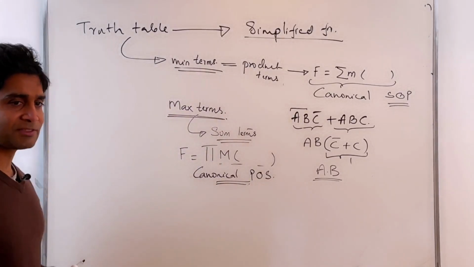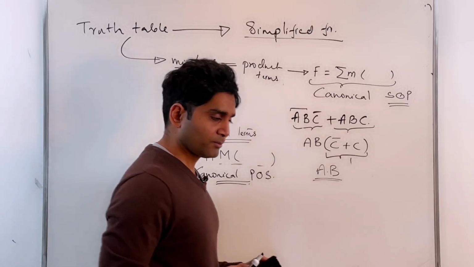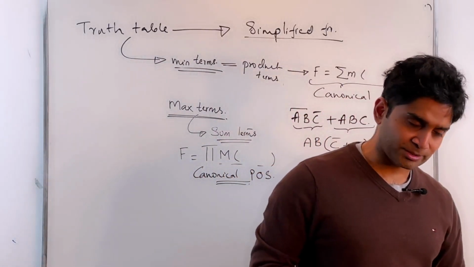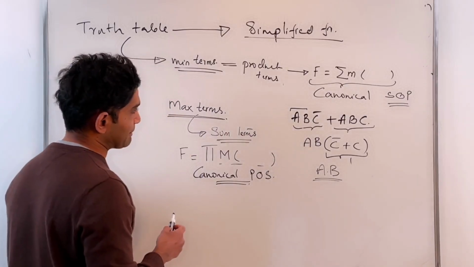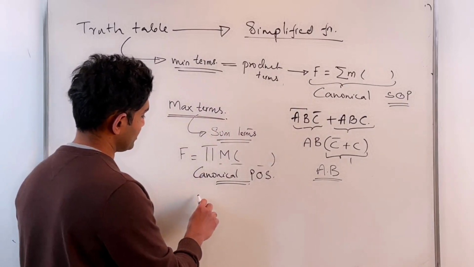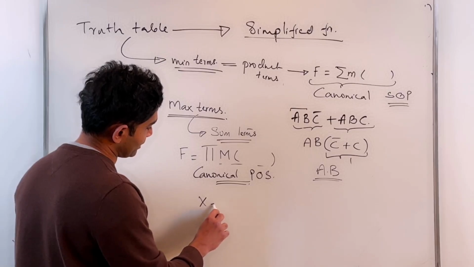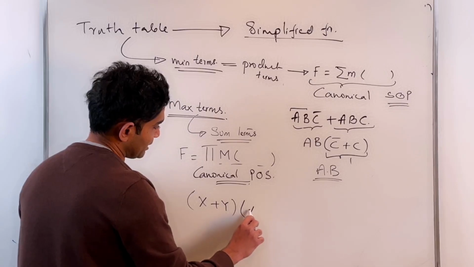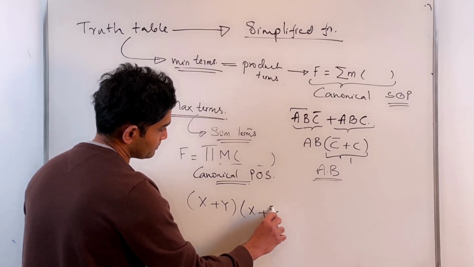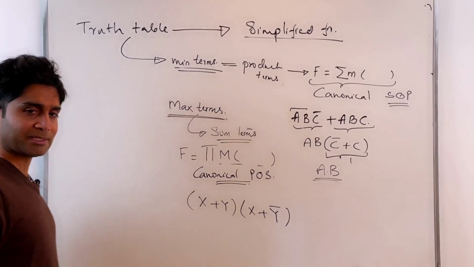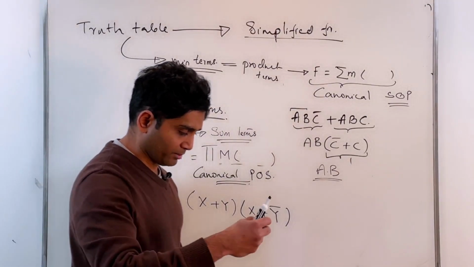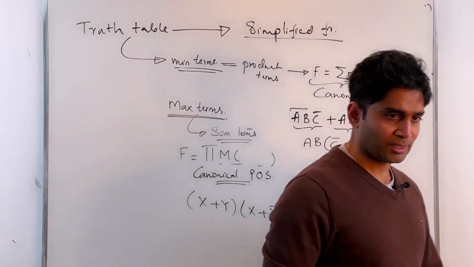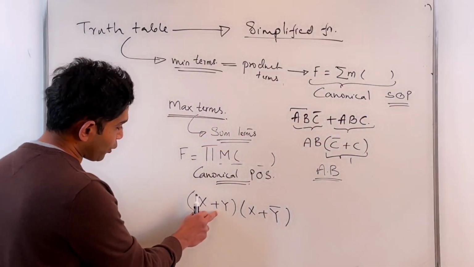Now, when I'm trying to simplify canonical product of sums expressions, most of the time I'll be using these identities. Okay, so let's say I have x plus y, very similar to what we have done here, times x plus y prime. Now I'll be using the distributive law for the OR operator.